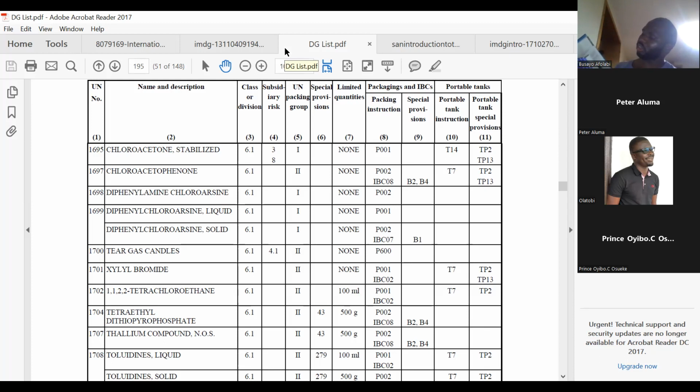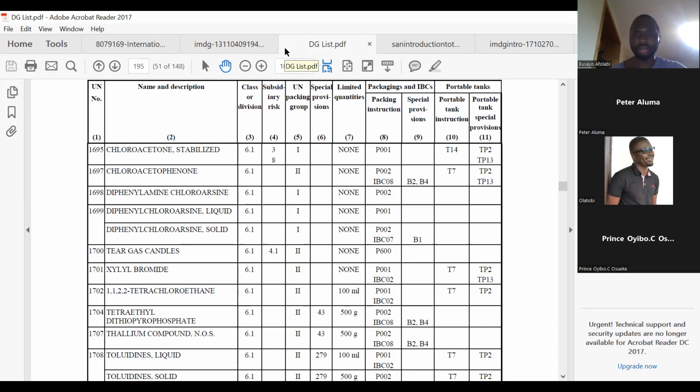They all have different kinds of numbers, in chapter 3.3. So we have 16, 23, and the numbers go up to thousands.